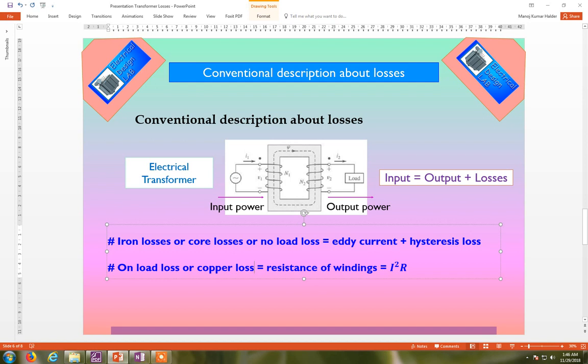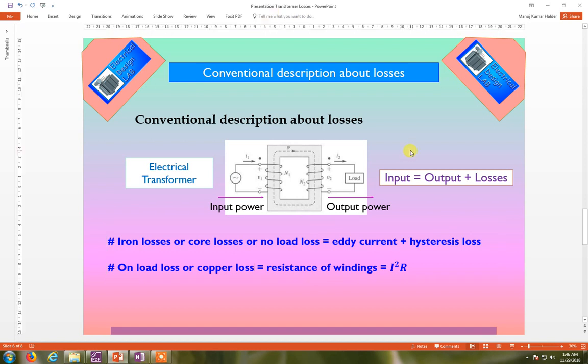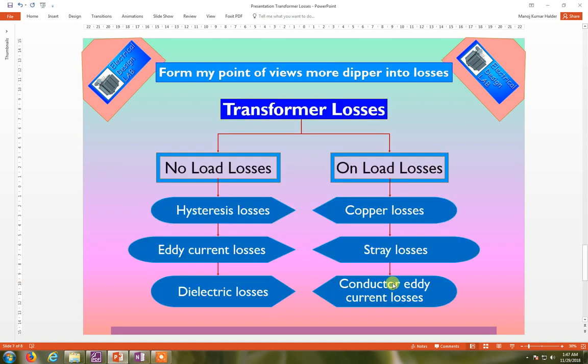Copper loss is because of the resistance of the winding. Resistance is R, copper resistance is R, and power will be I square R. These are the conventional methods or conventional description about the losses.